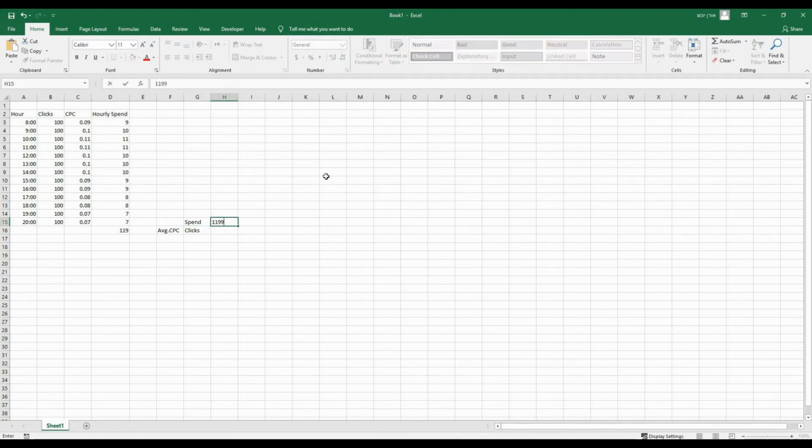The clicks are the sum of all clicks. How do we do the sum? We just do 100 times 13, which is the number of hours between 8 and 8 in total. Just remember that you don't have 12 hours between 8 and 8 because it includes one of the 8s, so it's 13.